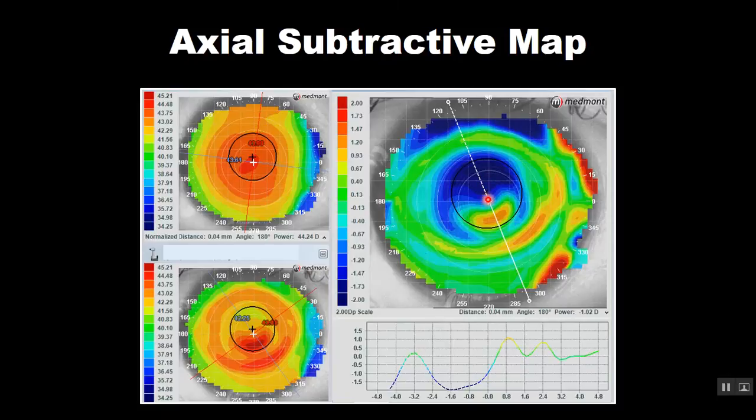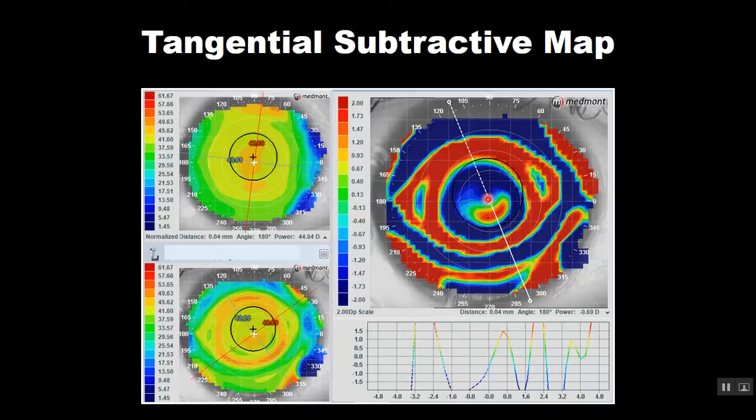So we're not 100% sure what's happening here. Let's pull up the tangential map. What does the tangential map say for centration? We look at that red ring and it appears like it might be riding centered to maybe a little bit low.